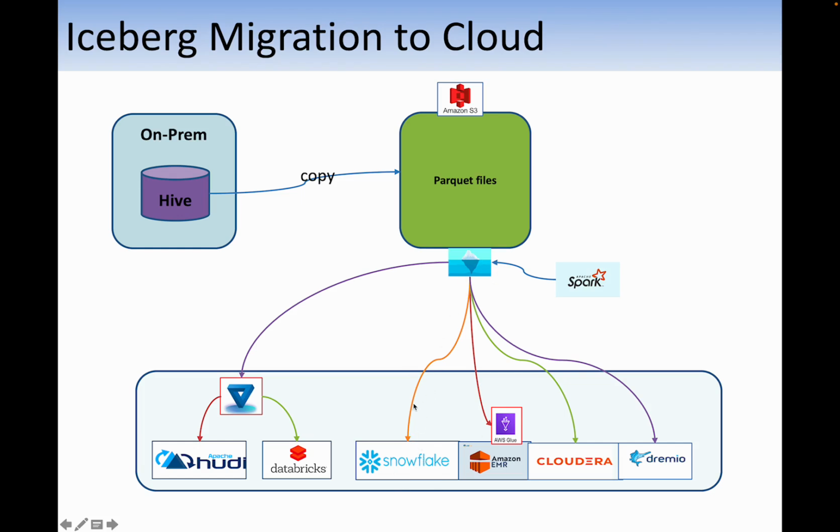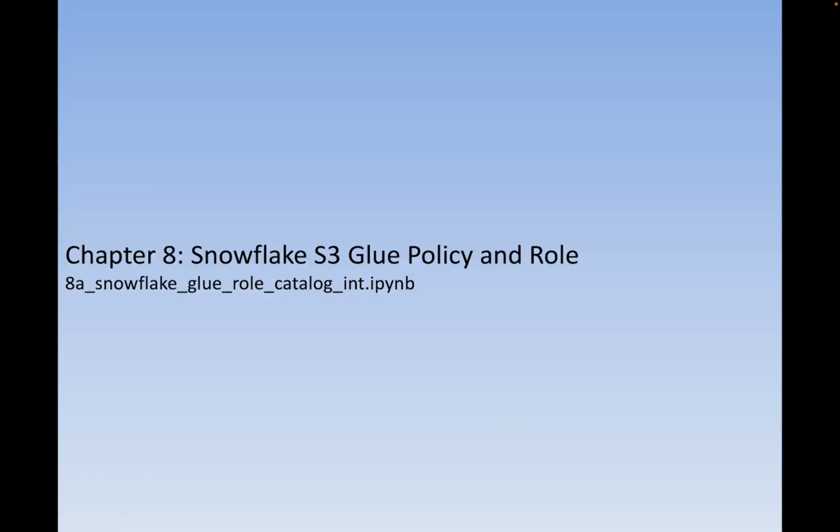Here it is read only, manually reading, an object integration. But here we're going to use a Glue integration. For that we have to set up some S3. If Snowflake wants to read a Glue table, we need to set up a Glue policy. Okay, let's discuss the Glue policy.